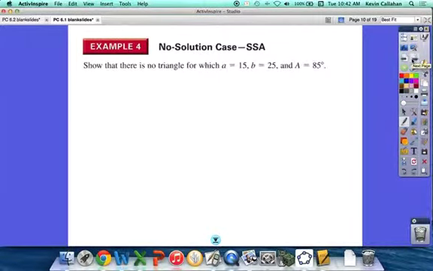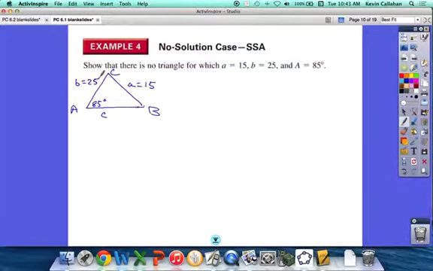So here's my triangle. A, B, C. The angle A is 85, the side A is 15, and the side B is 25.